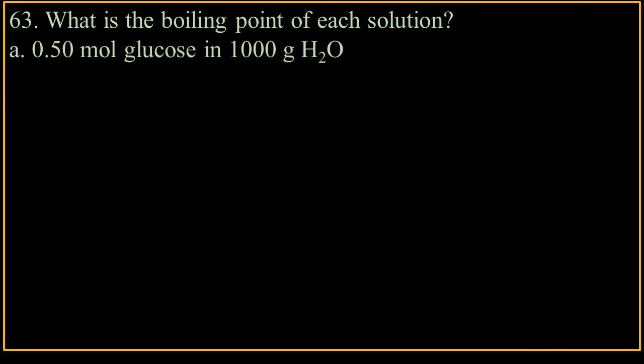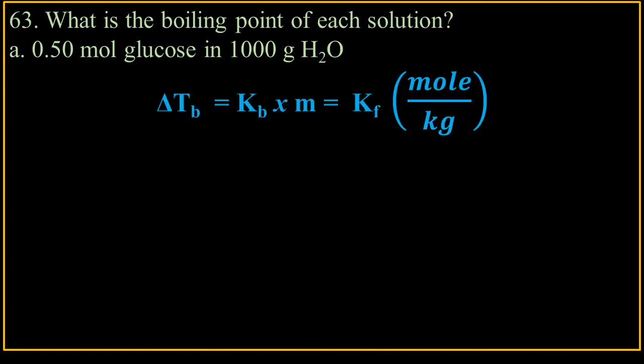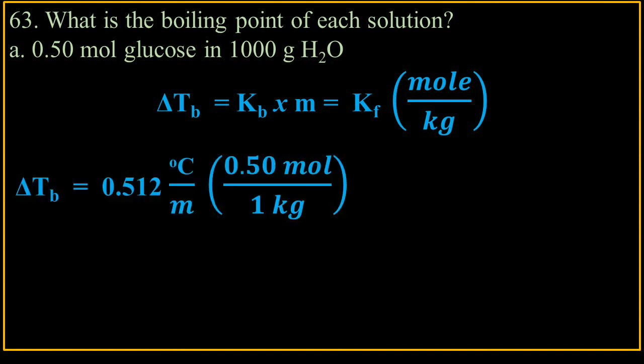And then number 63 is, what is the boiling point of each solution? A, 0.5 moles glucose in 1,000 grams of water, or 1 kilogram of water. So the change in the boiling point equals Kb, which is the boiling point elevation constant, times the molality, and the molality is moles over kilograms, so it would be 0.5 over 1 times 0.512.